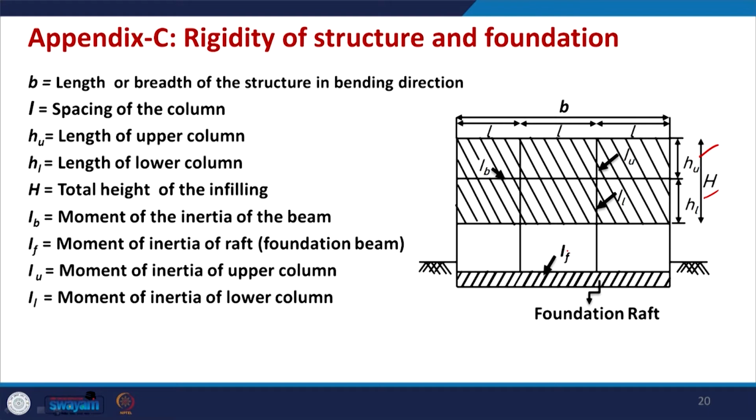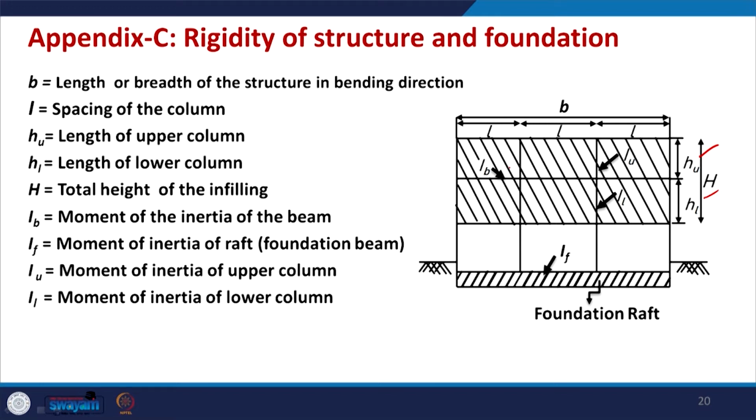Then you have IB, which is the moment of inertia of the beam, as given in the figure also, and IU is the moment of inertia of the upper column, while IL is the moment of inertia of the lower column, while IF is the moment of inertia of the raft or foundation beam. So, in this figure, the 4 moments of inertia are shown, IU, IL, IB, IF, and HU, HL, and the dimensions are shown.